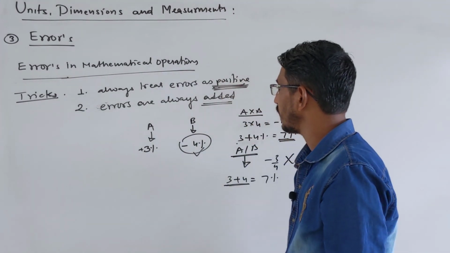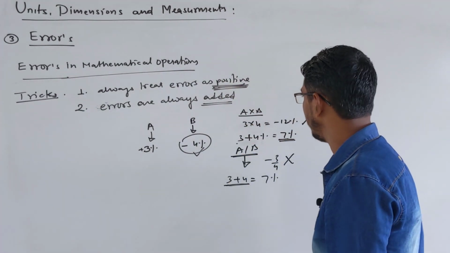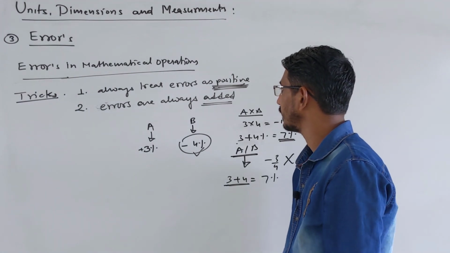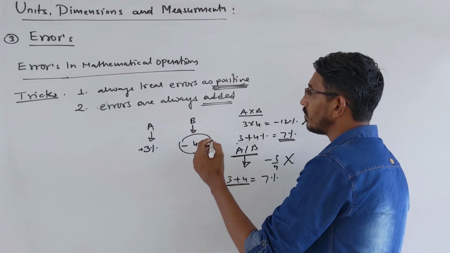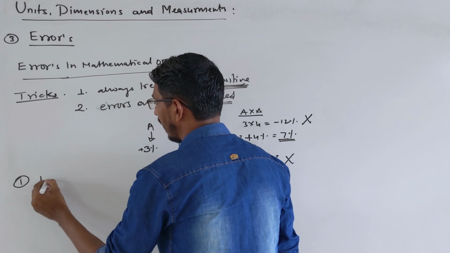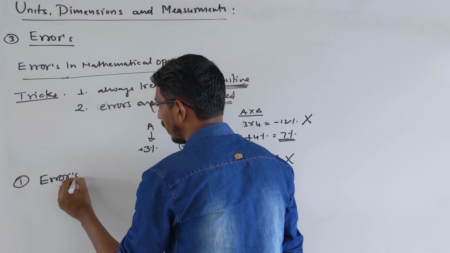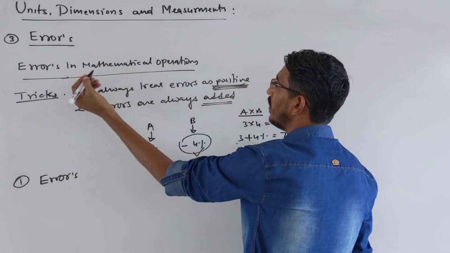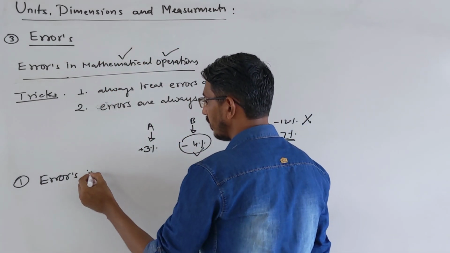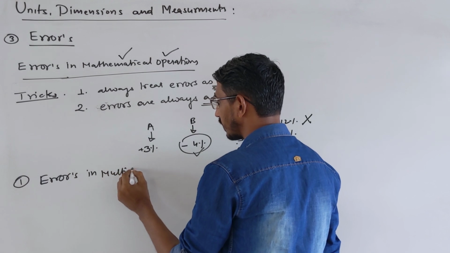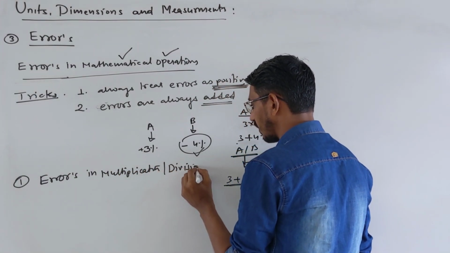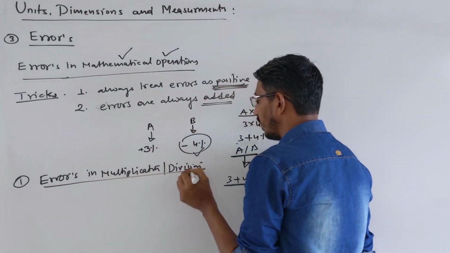Let's first come to here. Let's talk about the first thing. I said we are learning how you find errors in mathematical operations, right? So the first type of operation we are learning is errors in multiplication or division. What is the meaning of this?